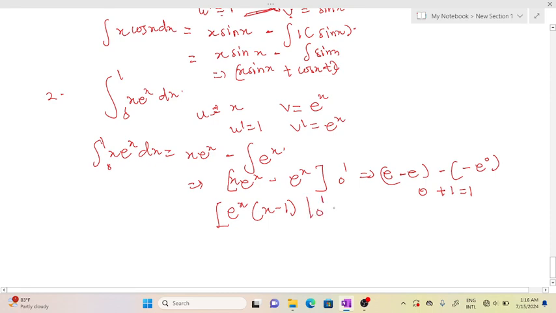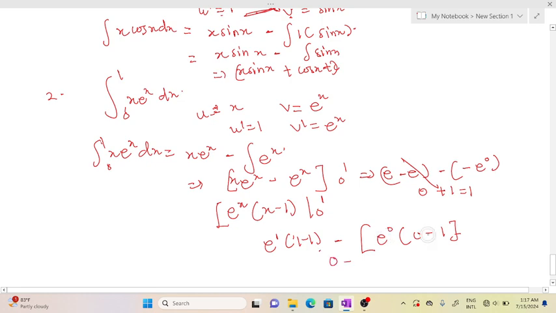When I put 1 inside, I'm getting e to the power 1, 1 minus 1, and everything will be 0. Minus, if I put 0, I have e to the power 0, open brackets, 0 minus 1.